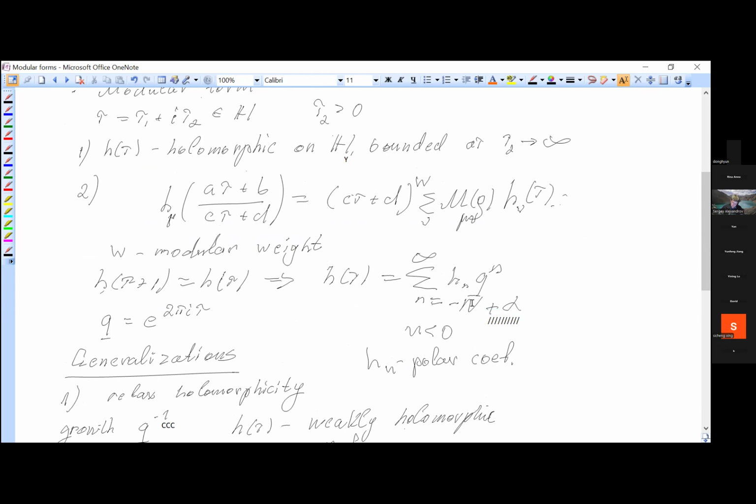So if you know the polar terms of your vector valued weakly holomorphic modular forms, you can completely fix these modular forms. You don't need to know anything else.